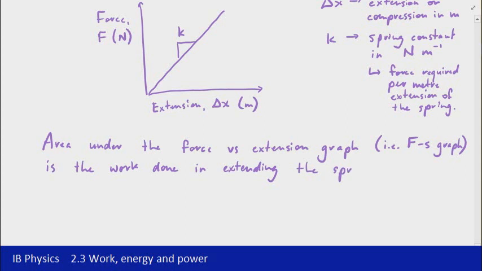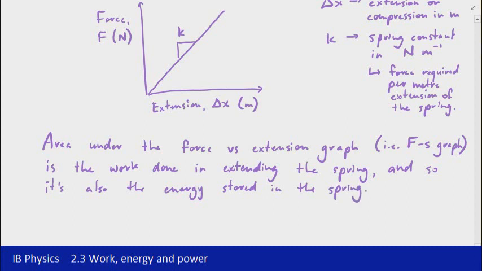And as we've already seen before as well, if we do work on something, then it gains energy, and so that value is also then equal to the energy stored in the spring as elastic potential energy.